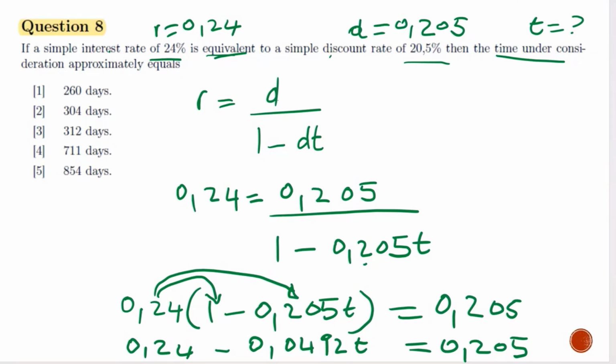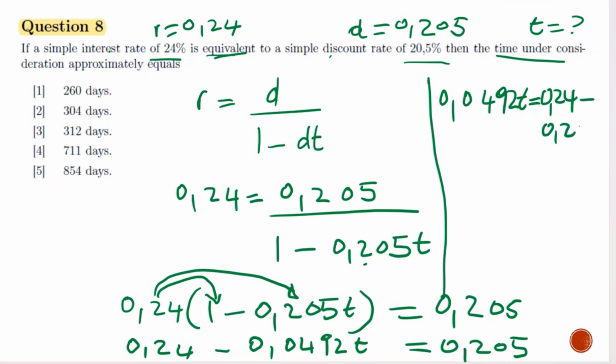Okay, so here you can just rearrange everything. That means you are going to have 0.0492T is going to be equal to 0.24 minus 0.205. Okay, so now you do all your calculations.